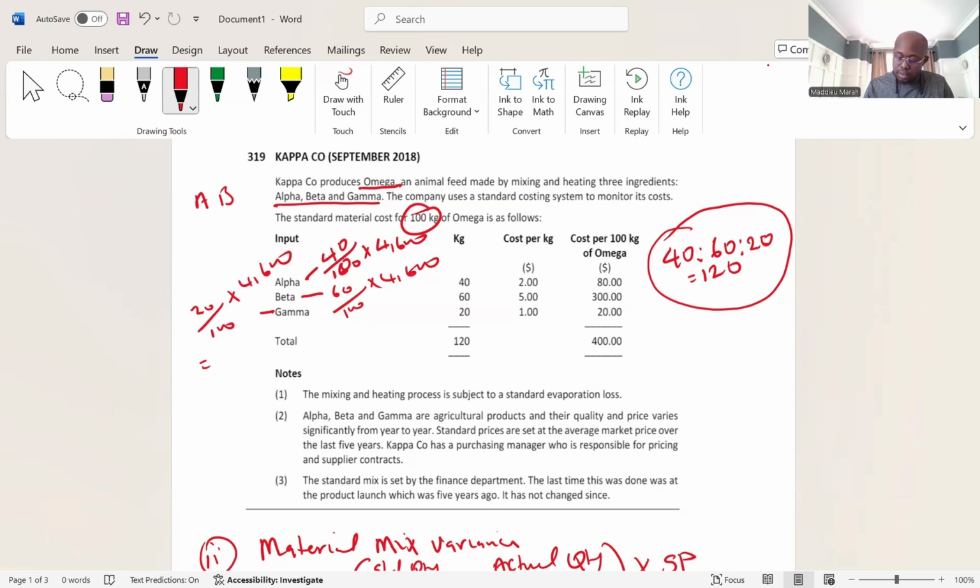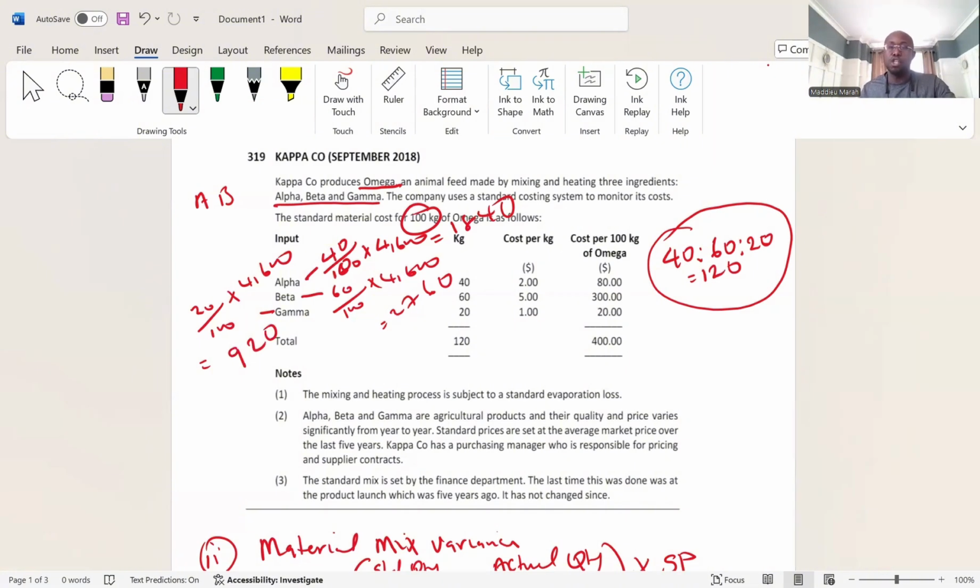For the first one, 1840. The second one, 60 upon 100 at 4,600, is 2760. And for the last one, gamma, 20 upon 100 at 4,600 actual production, 920.